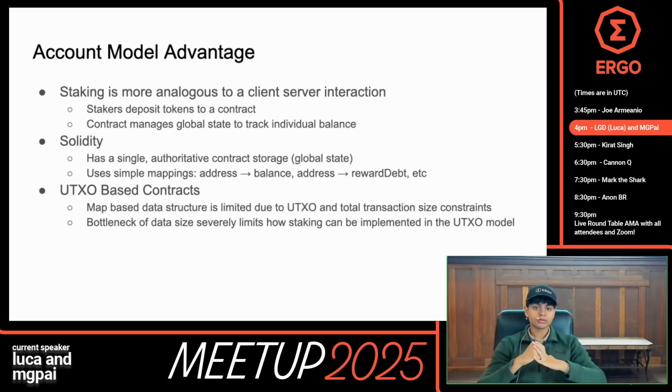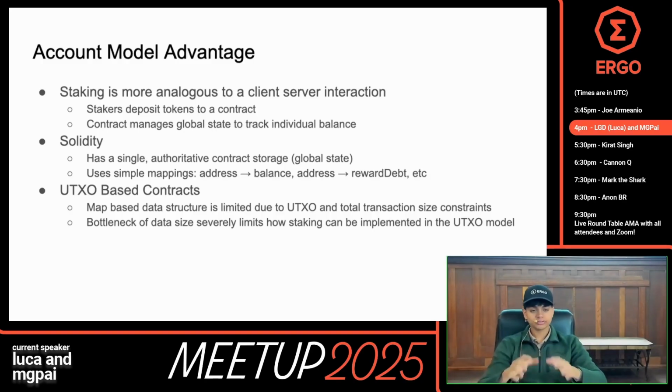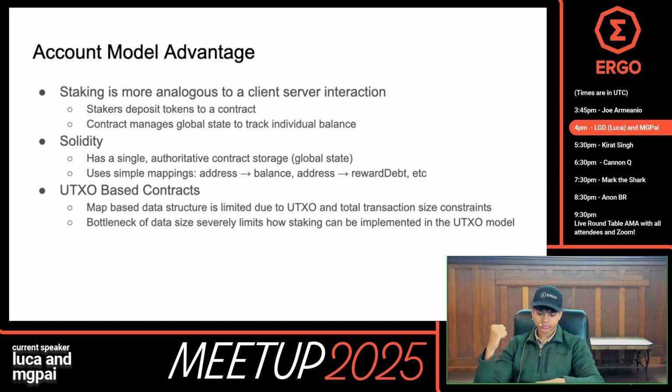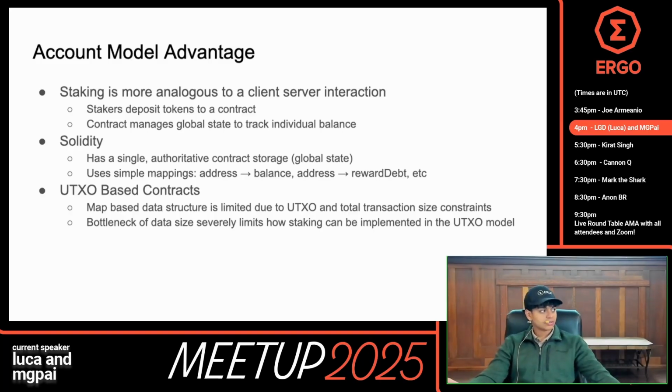The UTXO has a size limit, and you also have a broader transaction size limit, because you can argue, hey, why don't you have a bunch of UTXOs that this single UTXO interacts with, right? So you can have a bunch of data. If a UTXO data size limit is like 4 kilobytes, you can be like, okay, why don't we just do like 1,000 UTXOs, right?